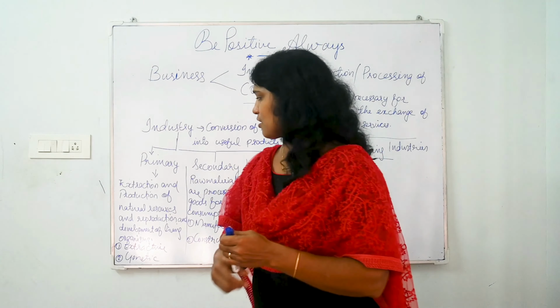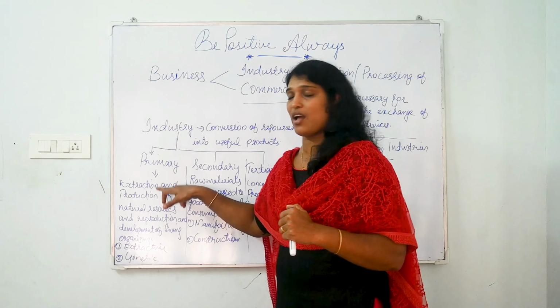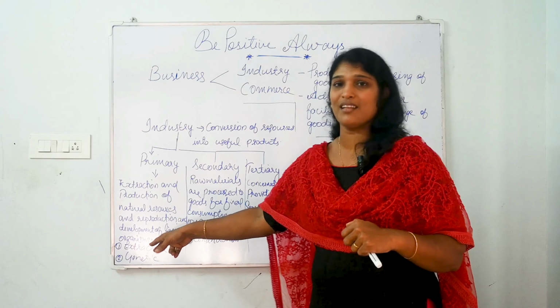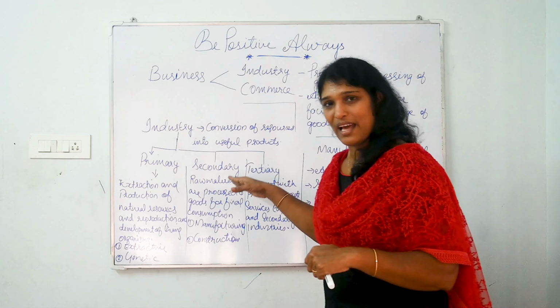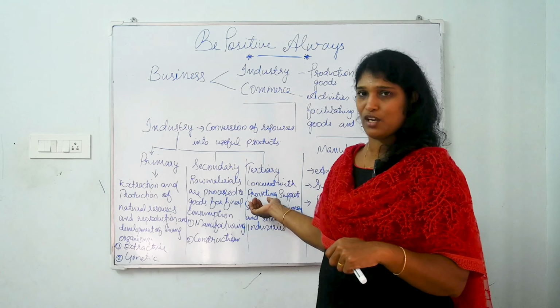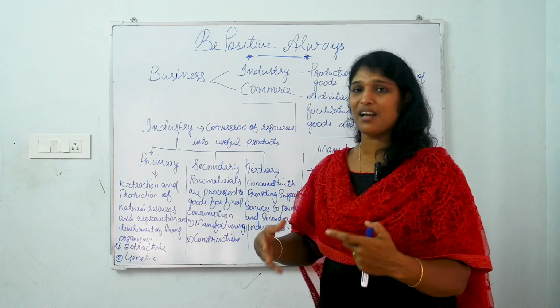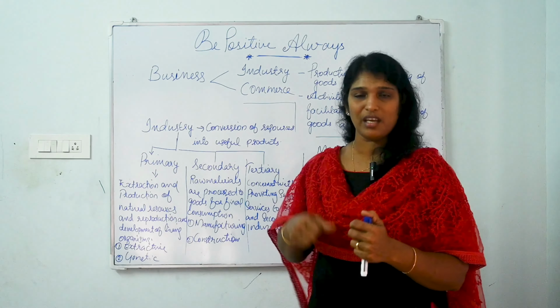Let me explain. Various raw materials are extracted in the primary industry. From a coal mine, that coal or the crude oil should reach the industry where it is converted into a finished product. For that we need transportation. Various trucks are needed to transport it, and people need to communicate with each other.